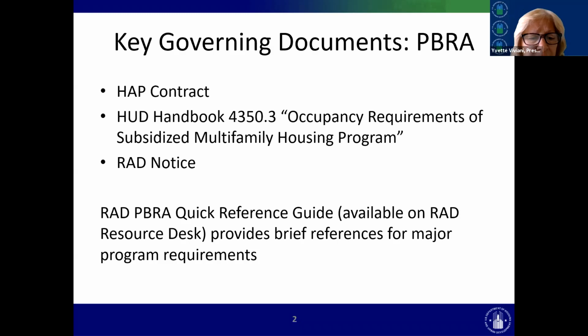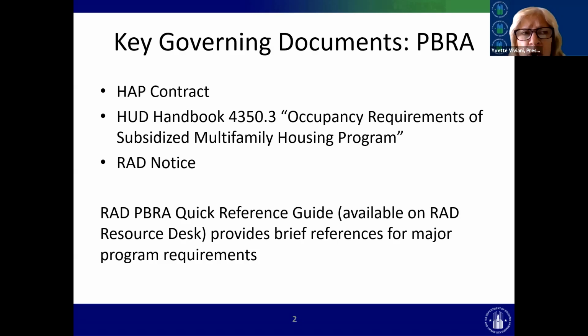So I'm going to step forward now to our HUD Handbook 4350.3. It's our occupancy requirements for subsidized multifamily housing programs. And that encompasses all of our Section 8 properties, and it also has some of the other smaller programs as well.